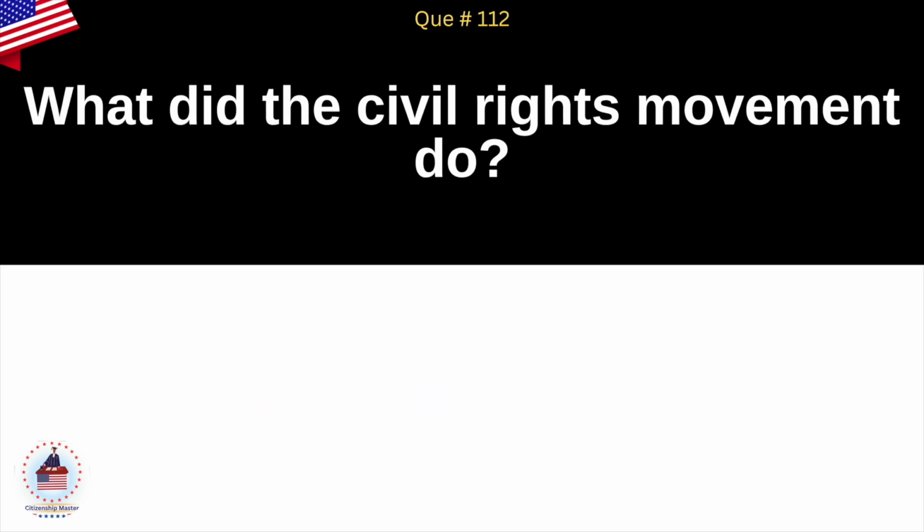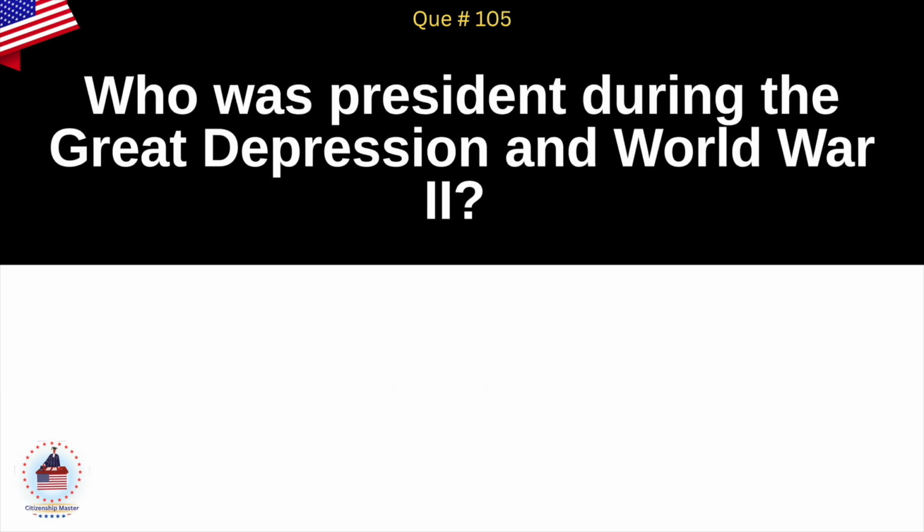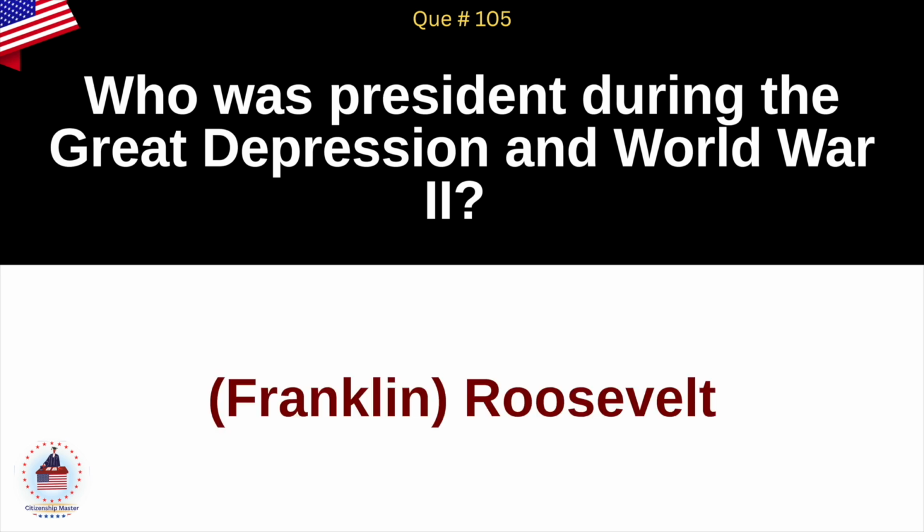What did the Civil Rights Movement do? Fought to end racial discrimination. Who was president during the Great Depression and World War II? Franklin Roosevelt.